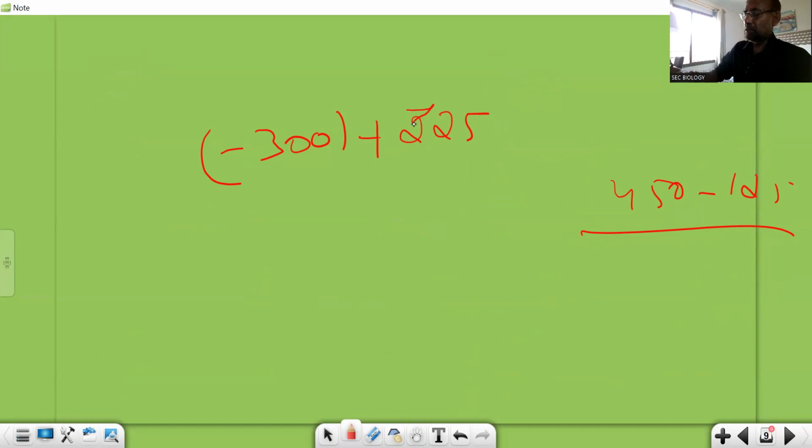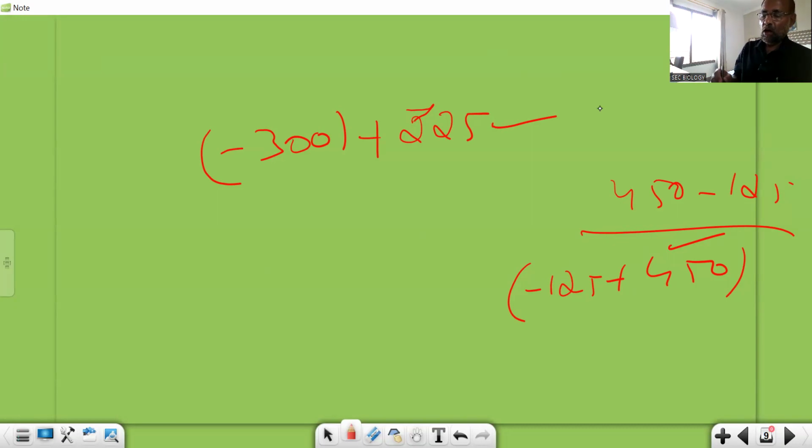You understood this? I think so. Because minus 125 plus 450, that means we find the difference. 450 minus 125, that means 325. The sign is plus 325. There is no confusion.